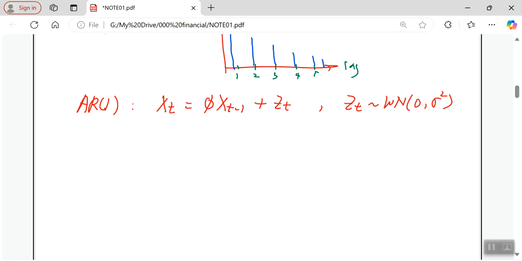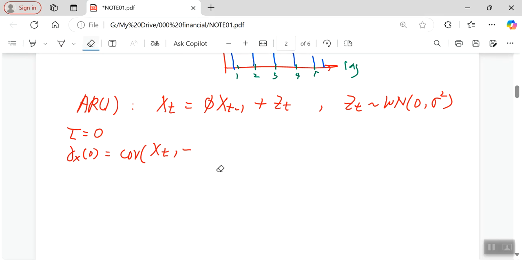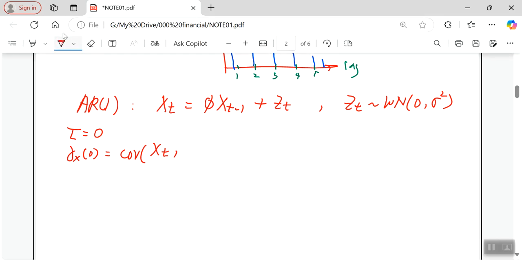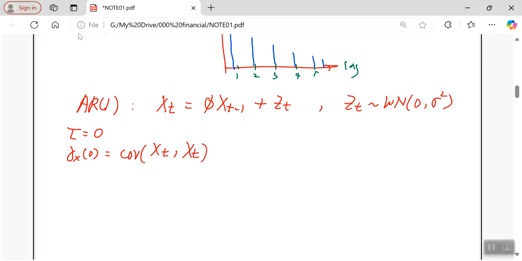In order to get the covariance, we start at lag 0, which means we have gamma x of 0. This is basically the covariance between Xt and Xt, where these two series have no lag, so the lag is 0.